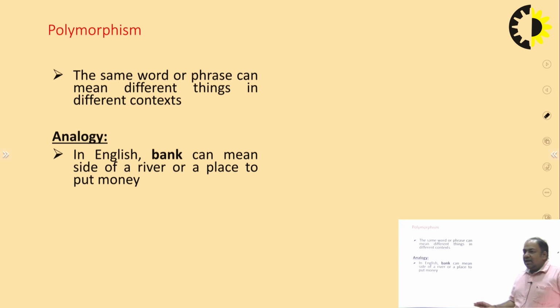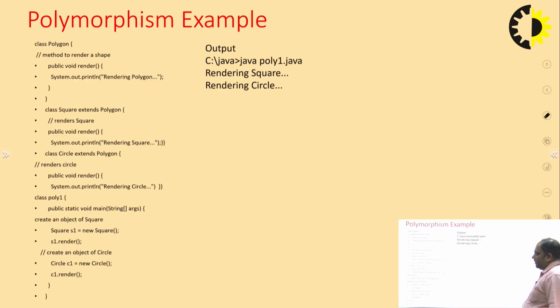The same class has methods which can be used differently in another class. Okay, like I have shown in an example, that in English, bank means the side of a river, and also bank means a place where we can put our money. The same is the example with polymorphism. We will show it by using an example.